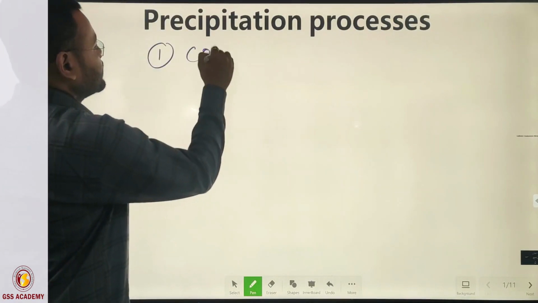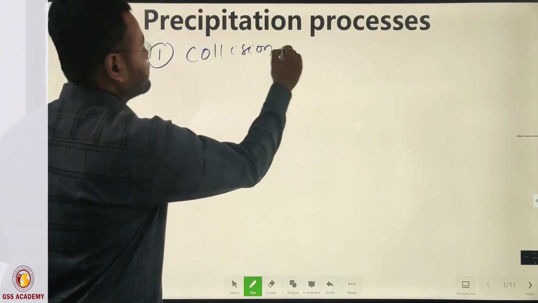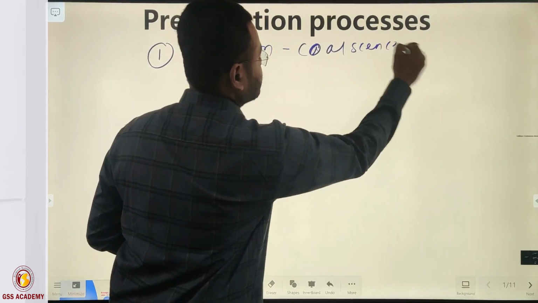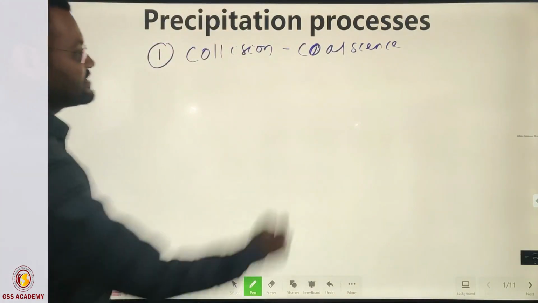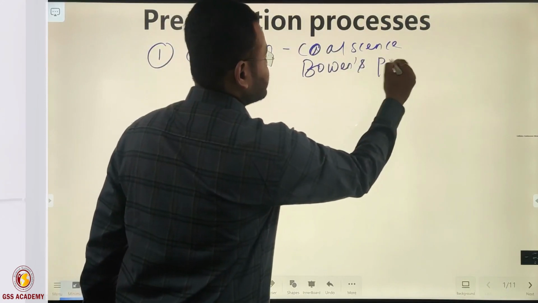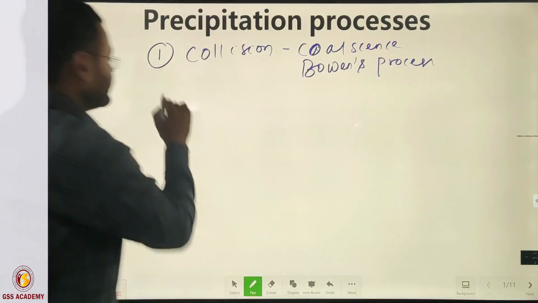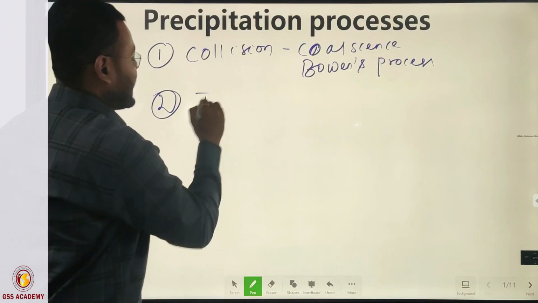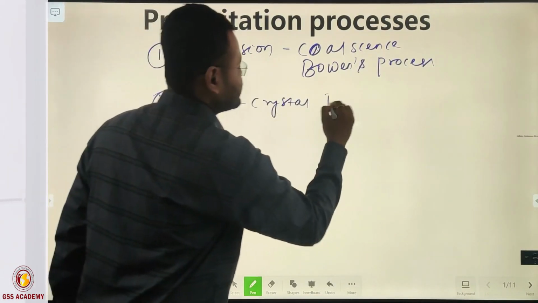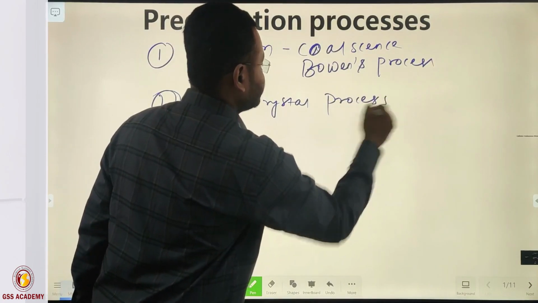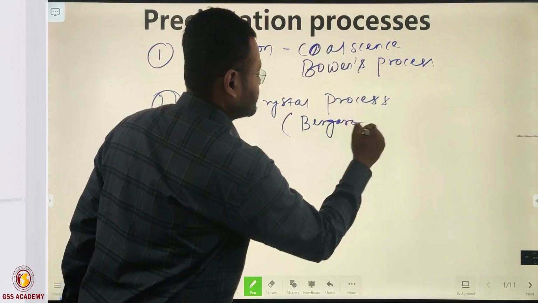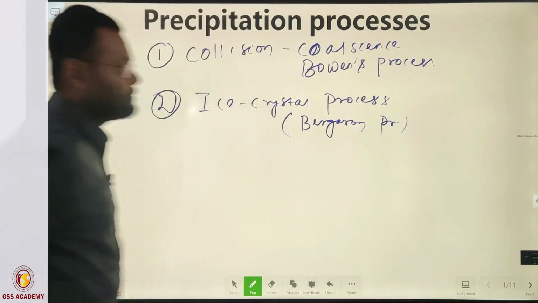First one is collision coalescence process, also called Bowen's process, and second one is ice crystal process, also called Bergeron process.